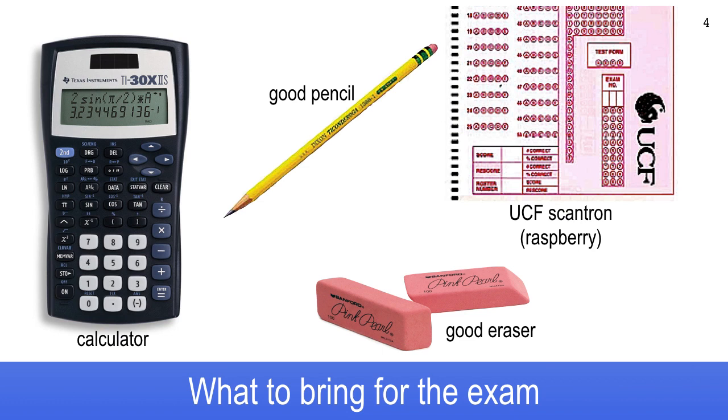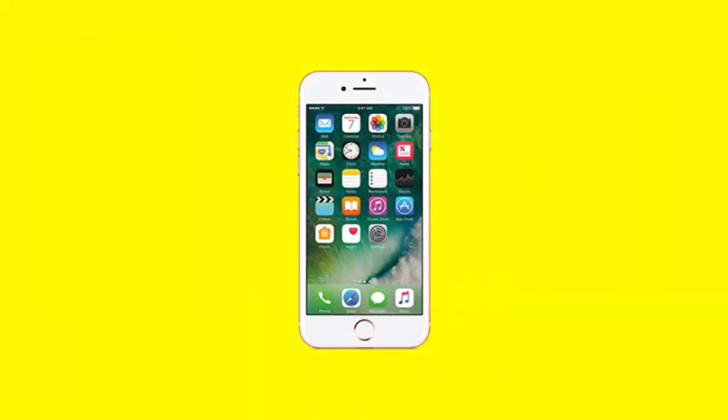Now, here's what you may have on your person, but may not use during the test: a cell phone. You must have that put away. Every semester I see a student using one.